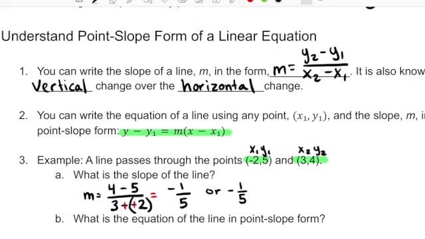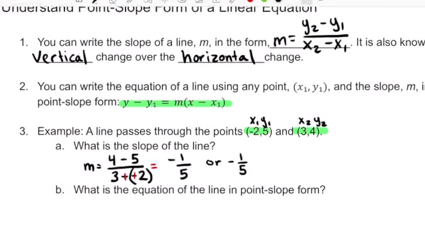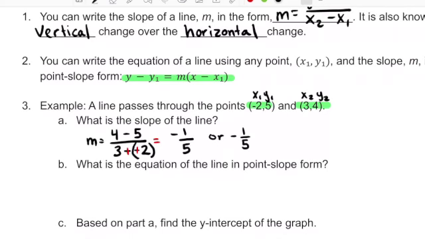The next part of this question asks, what is the equation of the line in point slope form? So let's practice writing point slope form. y minus y1 equals m parentheses x minus x1. So for our y1, we're coming back up to the original problem, and we're going to use that point.